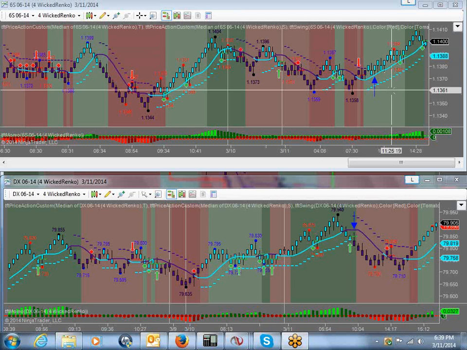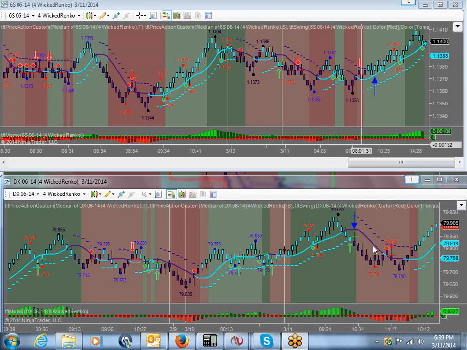So what we're looking at right now is 2 charts. The top one is the Swiss franc. The bottom one is the US dollar. And as you know, if you read Market Tea Leaves any given day, I do this every single day, whereby I talk about the correlation, or the reverse correlation, between the US dollar and the Swiss franc.